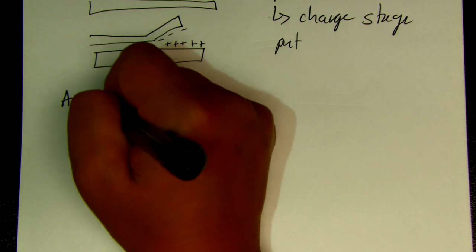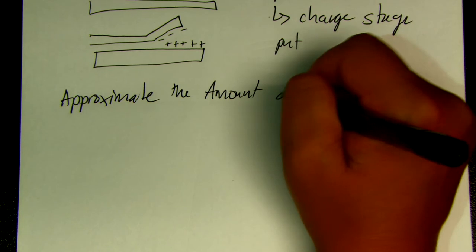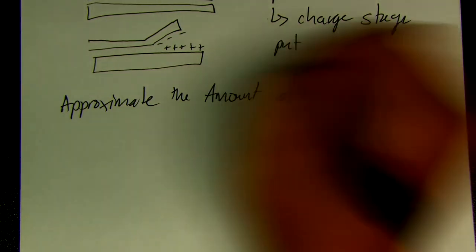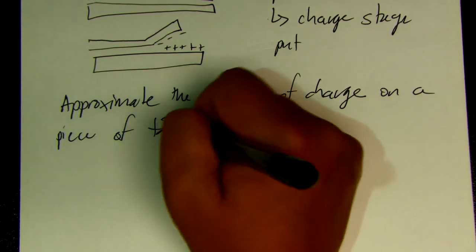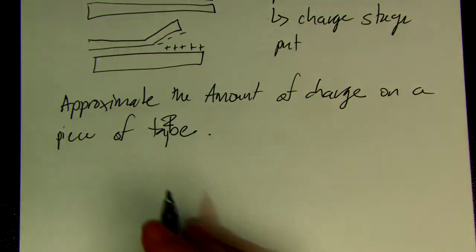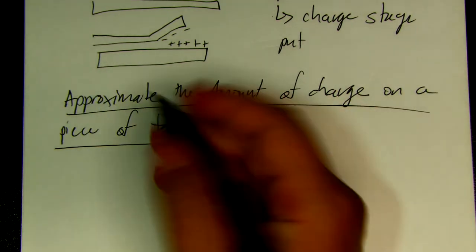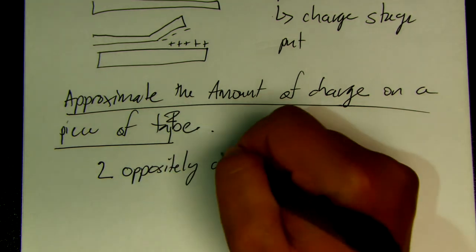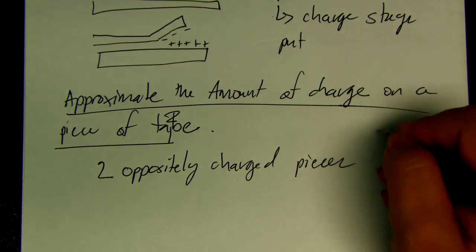So what you're going to do is approximate the amount of charge on a piece of tape. After you pull the tapes apart, you'll have two oppositely charged pieces of tape, and they're going to be very attracted to each other.